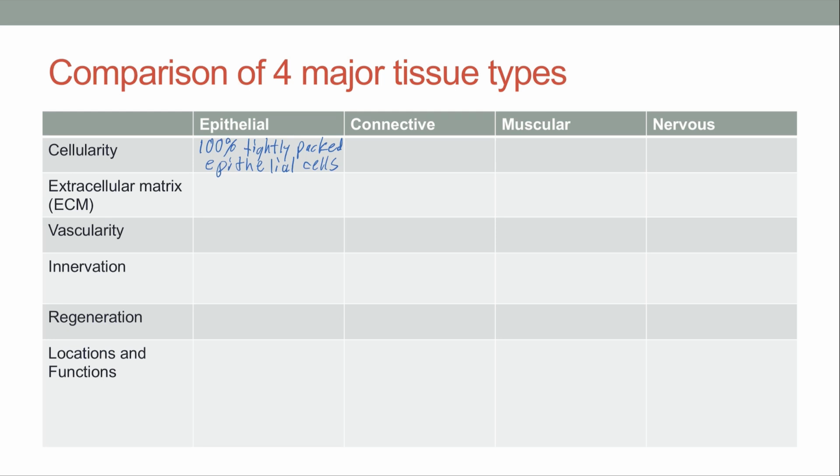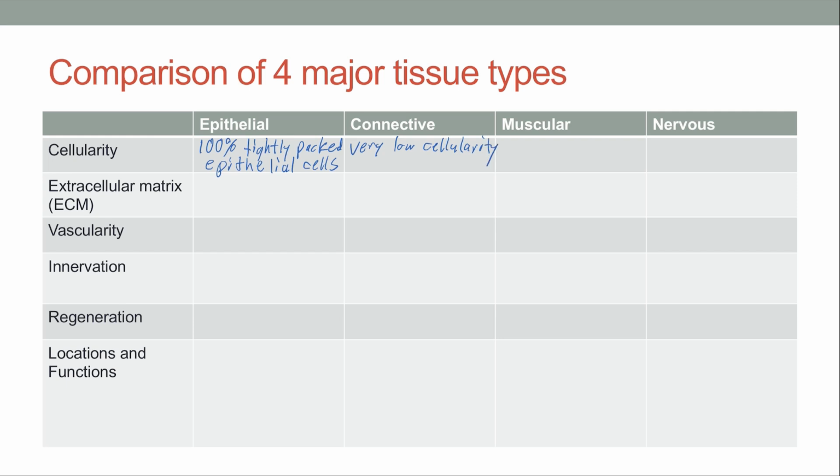So if you hear of someone having a cancer called an epithelioma, you know that those cells come from an epithelial tissue. The next type, connective tissues, have a very low cellularity, with a couple of exceptions.